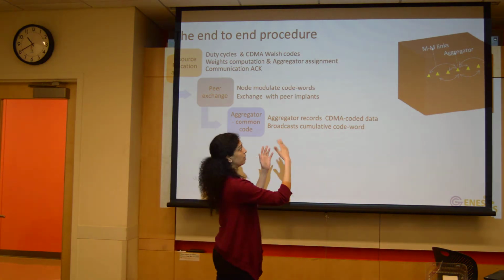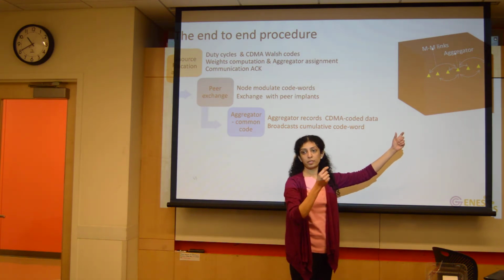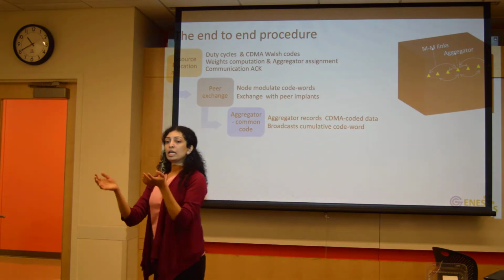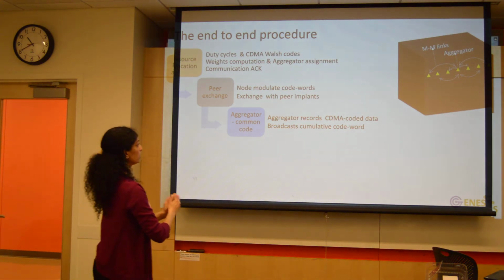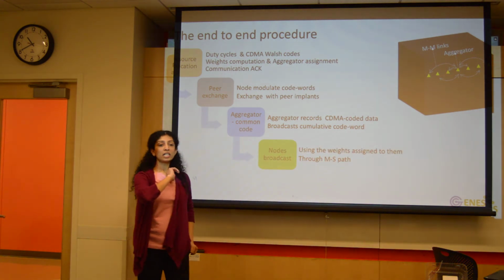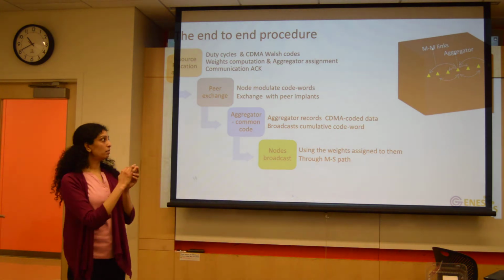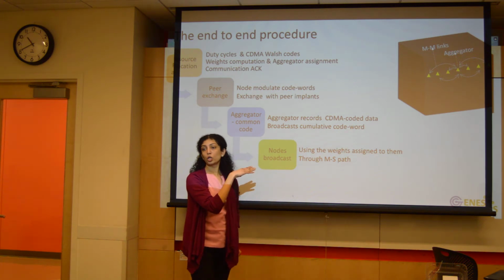So once they share data among themselves, these are the individual code words, the individual chips, all the implants will have transmitted their code words. The aggregator has collected all the code words and put them together. And now the aggregator transmits the code word back to all the implants. So again, this will be inside the muscle path, which is the high gain path with low loss.